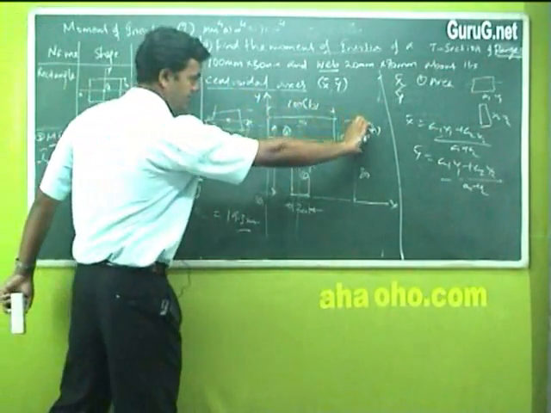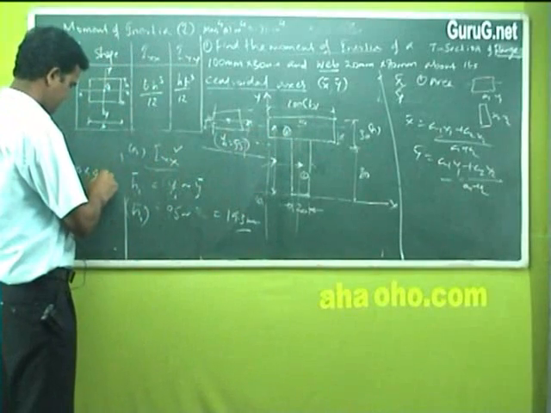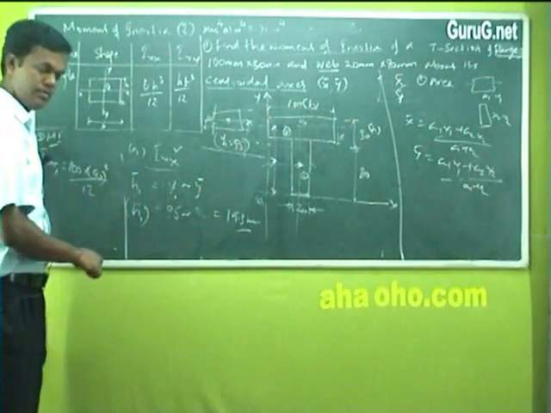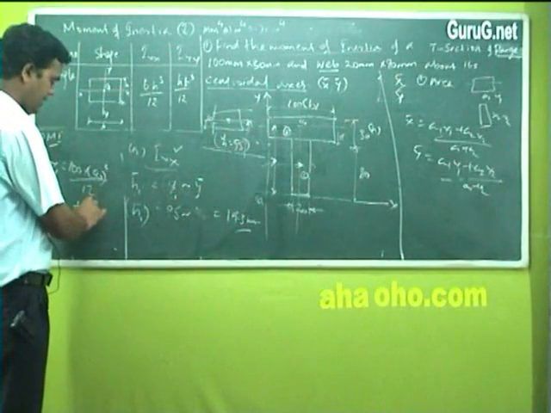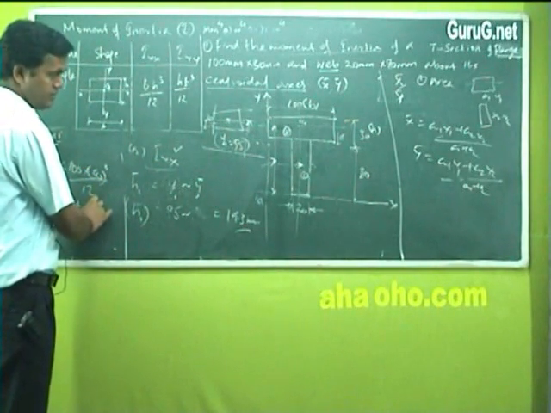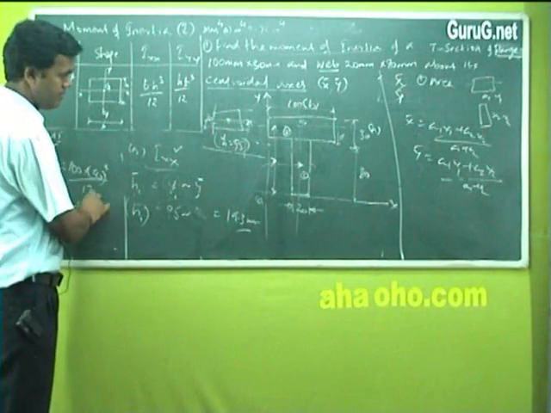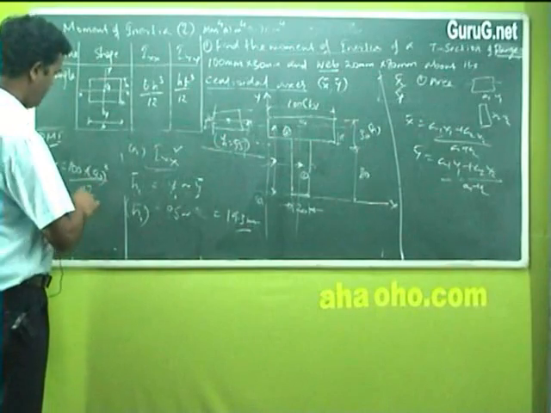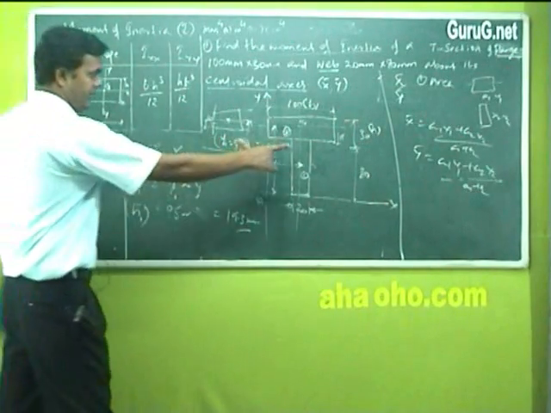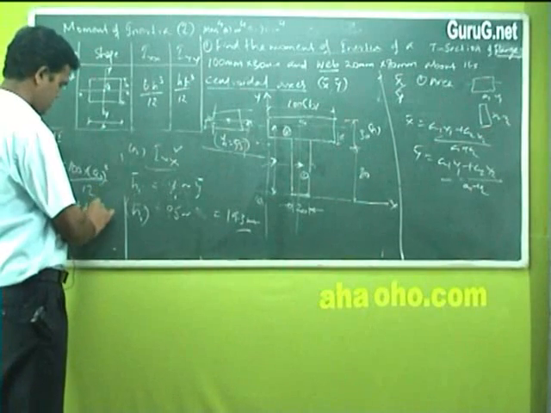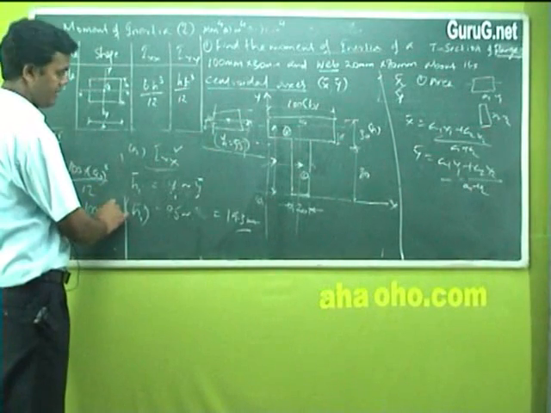30. This is H. 30 cube by 12 plus area, which is L into B. What is L again? Length into breadth, L into B for a rectangle. We consider this is L always. L is 100. The breadth is 30.